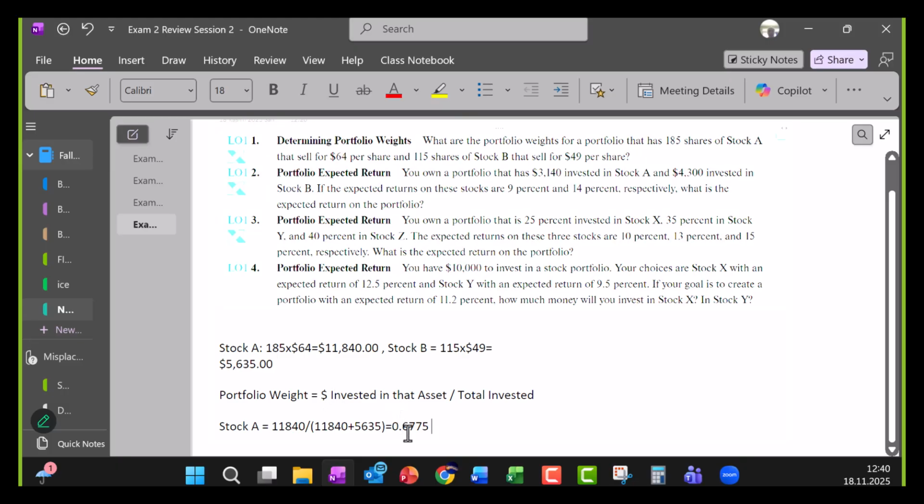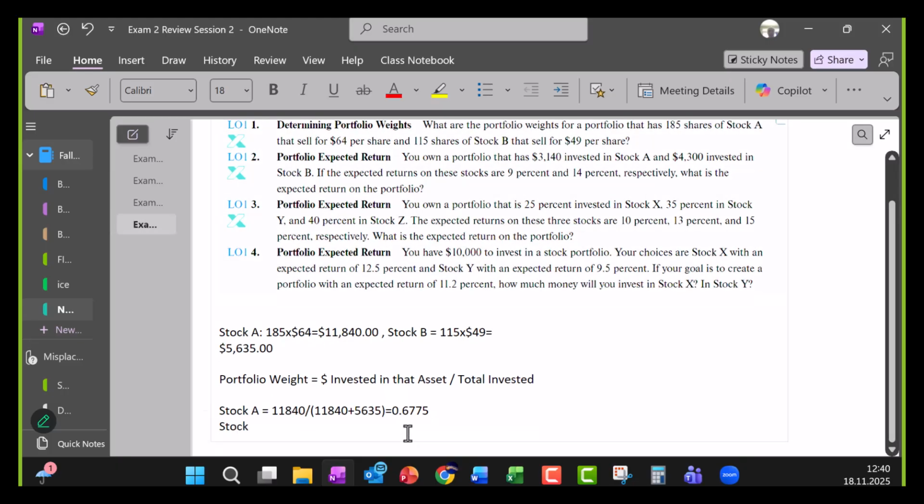You can do stock B analogously. Of course, if you have only two stocks, if you get the weight of one of them, the other has to be one minus that one.